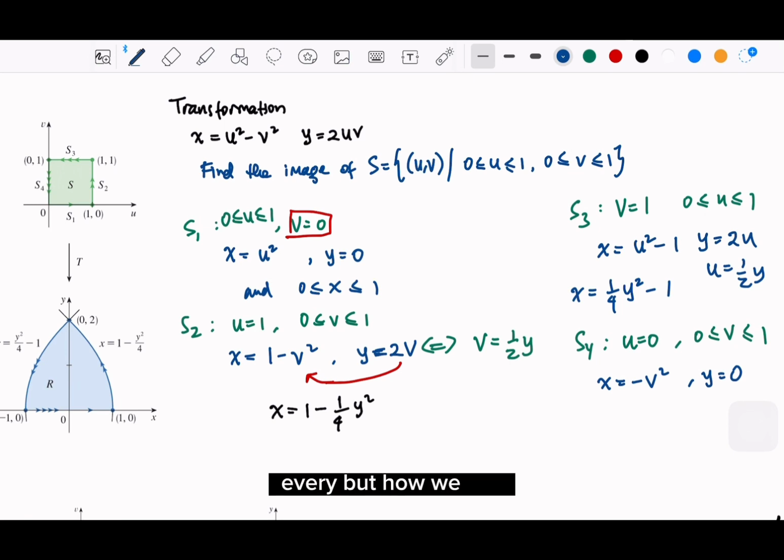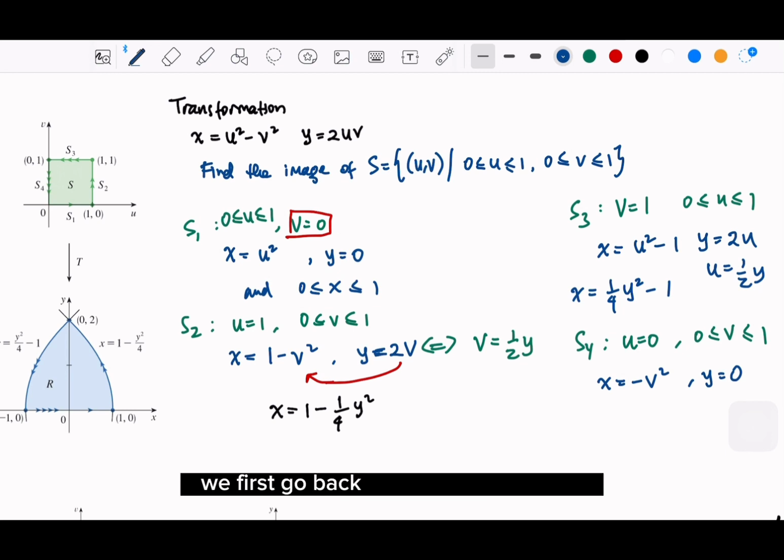Okay, but how can we make it more general, so we could apply it to all possibilities? How to find the relations? Because if we are going to do it this way, then we are going to draw and pinpoint all the positions and then draw all of this. So how to do that?